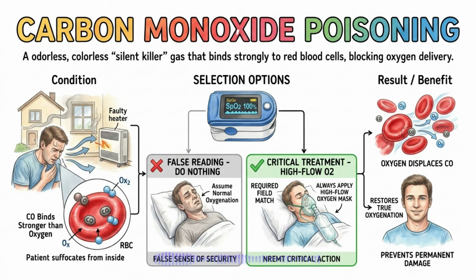It binds to red blood cells much stronger than oxygen does, essentially suffocating the patient from the inside out while their skin remains a normal color. A critical exam trap is that a standard pulse oximeter will read 100% oxygen saturation in these patients, giving you a false sense of security. So you must always apply a high-flow oxygen mask regardless of the normal reading.